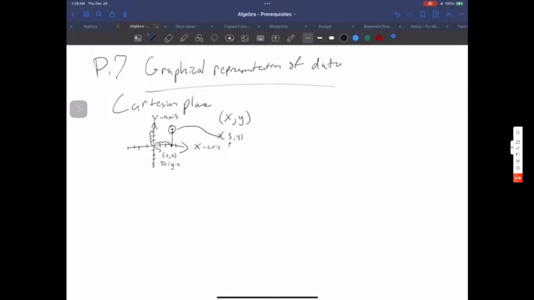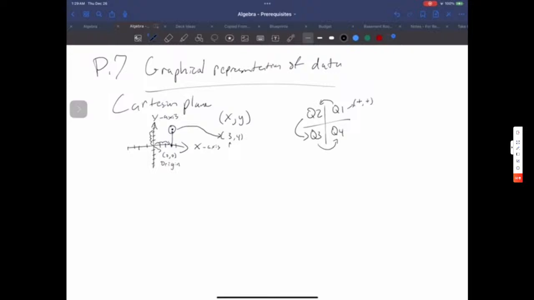And that the two axes divide the plane into 4 quadrants. You have quadrant 1, and then going this way, we say this is quadrant 2, and then this is quadrant 3, and this is quadrant 4. You'll see that in quadrant 1, you'll have positive, positive.